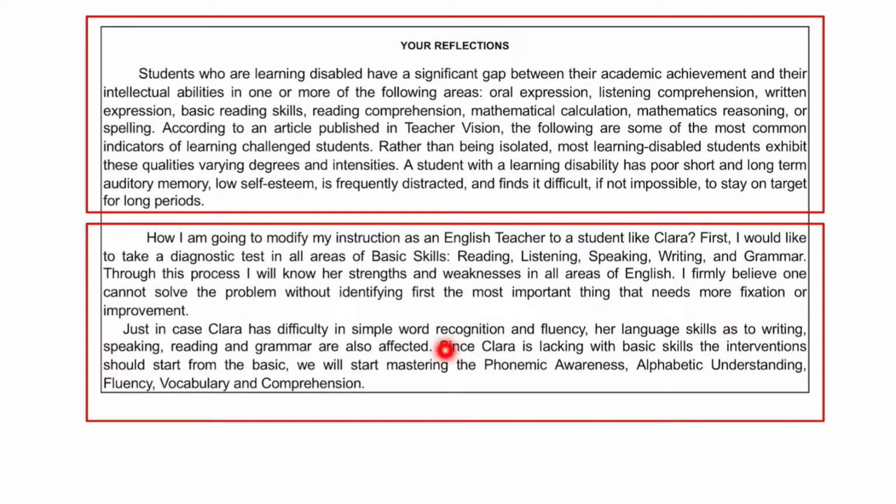Dito sa diagnostic test, malalaman natin kung saan ba magaling si Clara at saan ba siya mababa yung kanyang performance, o saan ba yung mas nahihirapan si Clara: sa reading ba, listening, speaking, writing, or grammar? Because through this diagnostic test, I firmly believe that we cannot solve the problem without identifying first the most important thing that needs more fixation or improvement.